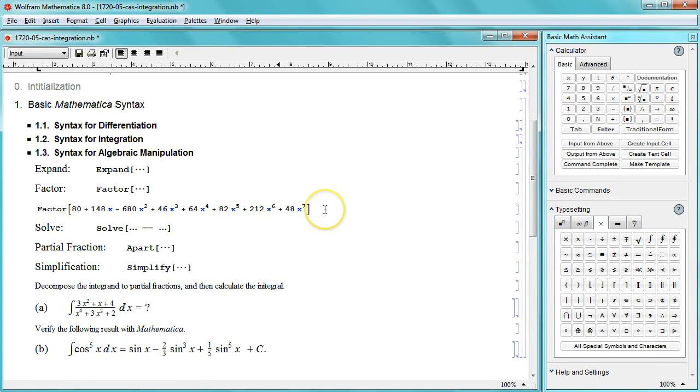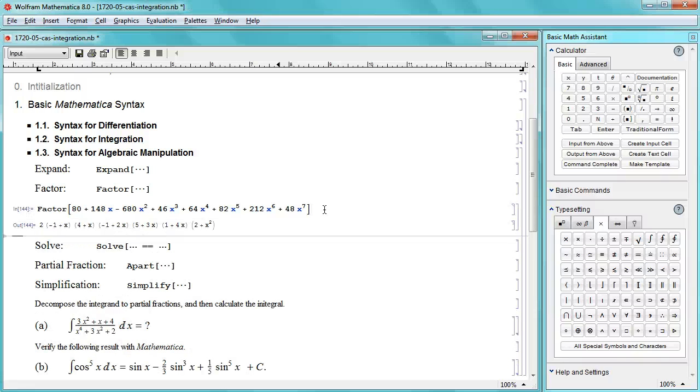And if you are given this kind of polynomial, 48x to the 7th power plus 212x to the 6th power and so on, and imagine you'll have to factor this with paper and pencil. It's impossible. Okay, it is possible, yeah, but tedious. But if you put those into Mathematica using the Factor command and then run it, you have an answer in a matter of milliseconds. The hard part must be to type everything in, but actually to calculate, it doesn't take too much time.